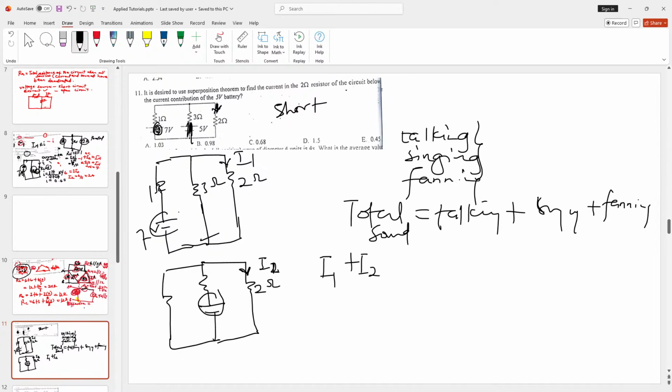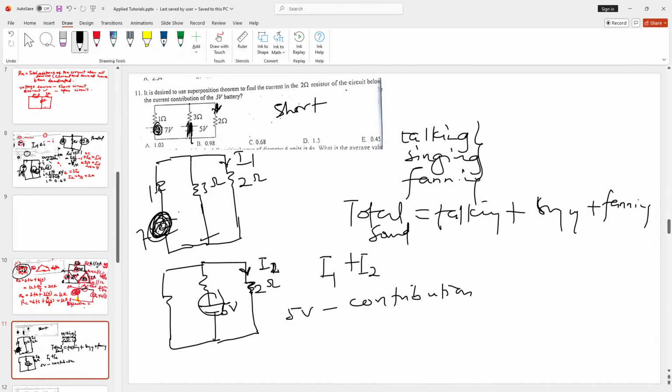So in this case, there won't be any need for us to calculate it when the 7V is acting alone. They are asking us to find the current contribution of the 5V battery. What that means is that we are going to make the 5V act alone, and then we find the current passing through the 2 ohm resistor, and that is going to be the 5V's contribution.